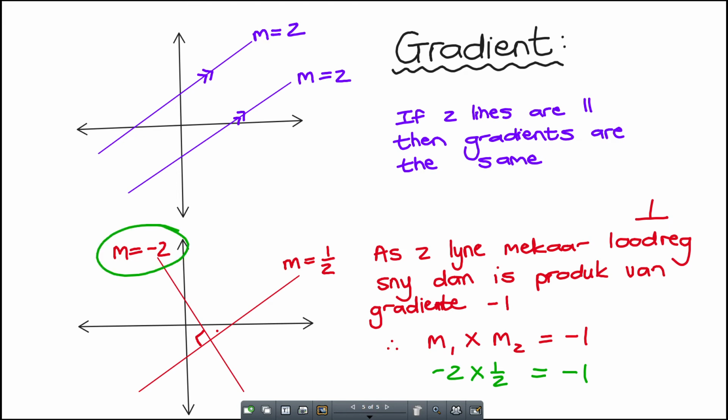Hierdie deel. Okay, right, so, jy weet dat die 2 gradiënte, omdat hulle mekaar loodreg sny, nee? As ek hierdie gradiënt vat, en ek maal hom met daai gradiënt, dan moet dit vir my gee minus 1. Nee? So as jy nou wil, kan ons hierdie vergelyking so bietjie verander, en dan kan ons sê, maak daai dan nou x. Dan weet ek x maal daai gradiënt van 'n half moet vir my gee minus 1.